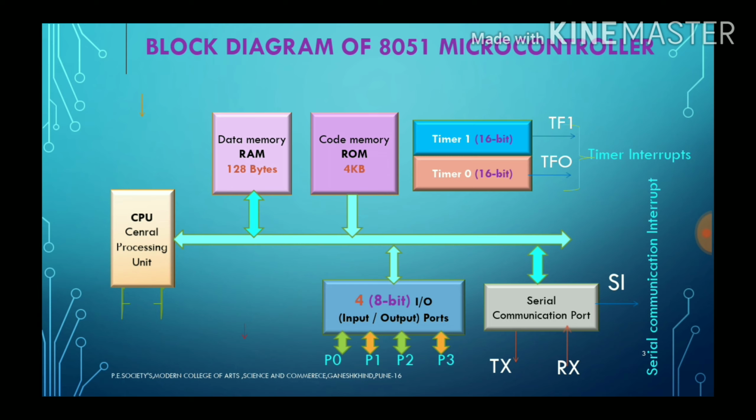As we now know, there are 3 internal interrupts because of the serial communication and timer facilities on the 8051 microcontroller. We need to control these interrupts, so an interrupt controller is also implemented on the chip of 8051 to handle them.